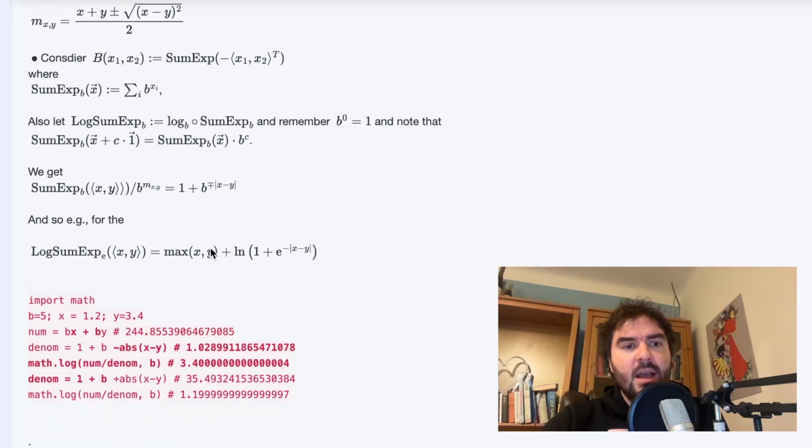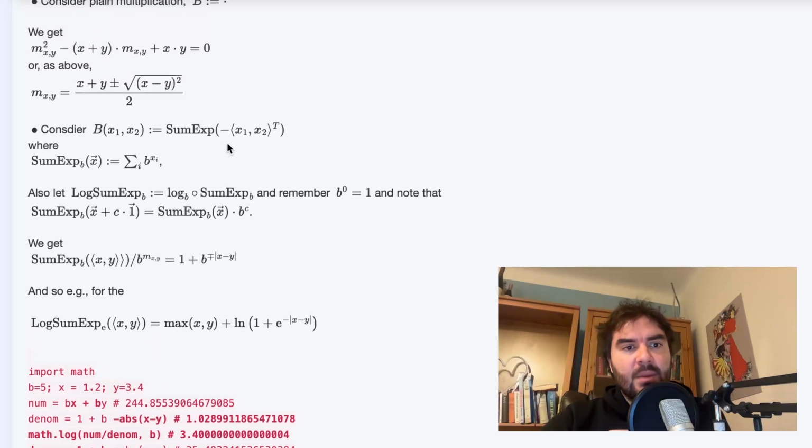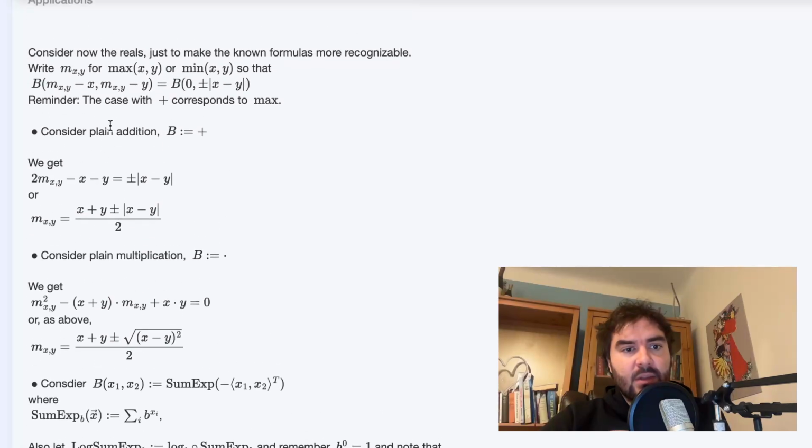And here I remind you of a bunch of other properties that this has. Of course, we have the convention that b to the power of 0 is just 1, and if we have an offset with the 1 vector, then we can pull this out because it's just exponential functions. We also have LogSumExp to the base b defined as such. And then I'll show you again this formula if you have forgotten it already. So here in this formula you have the same m here and here, right?